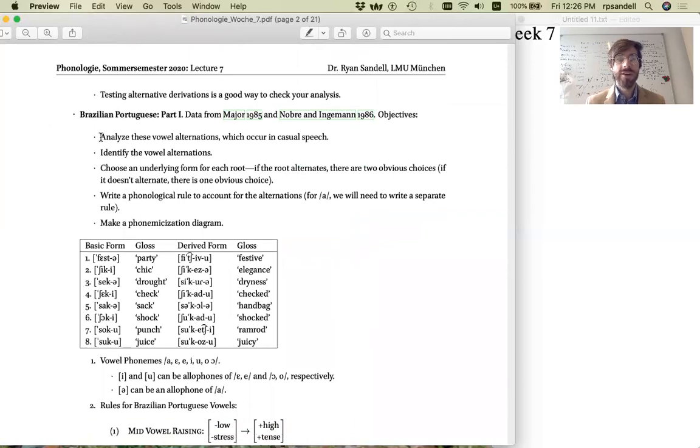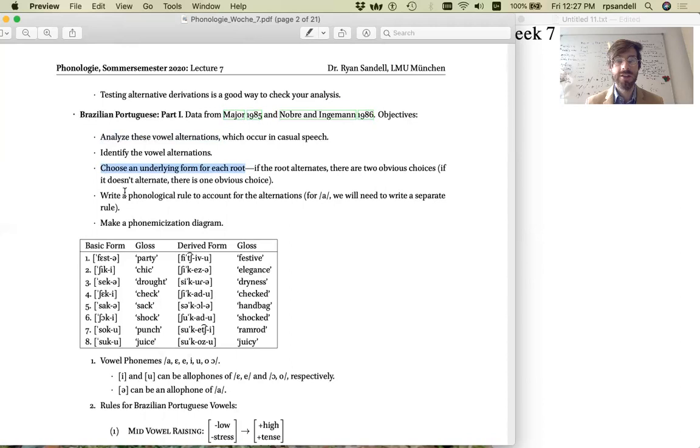So our objective here is to analyze, first of all, alternations in vowels that we see in the data set here. We're first going to identify what these alternations are, and then based on those alternations, of course, we want to try to choose an underlying representation for each root. So in this case, I've given us some derived forms of a number of nouns, some basic forms of a number of nouns, and then some forms that are built with various derivational suffixes.